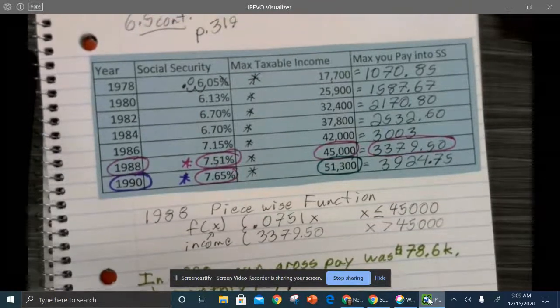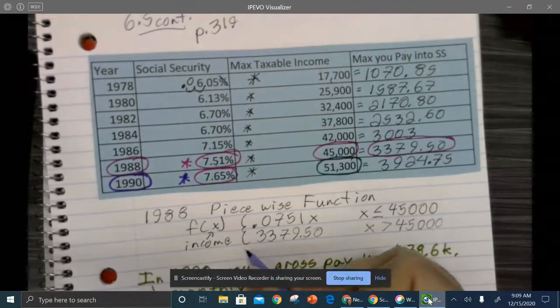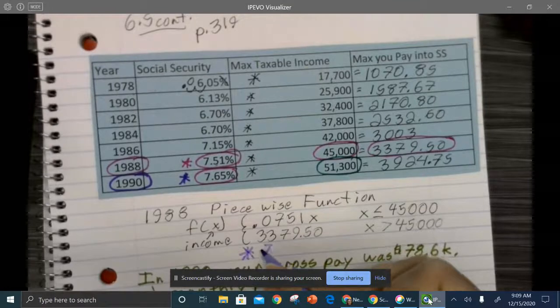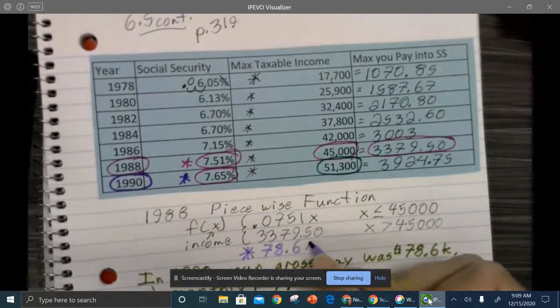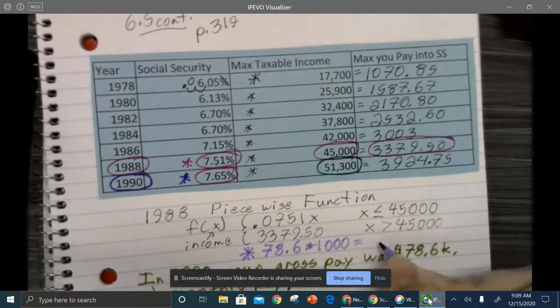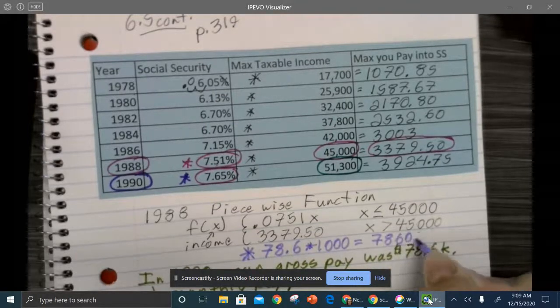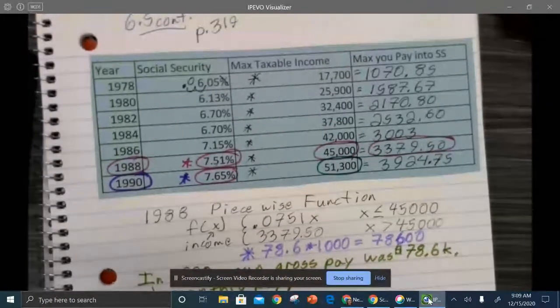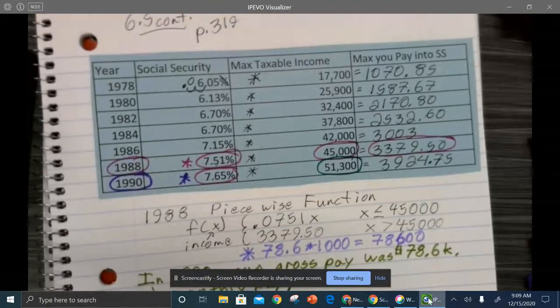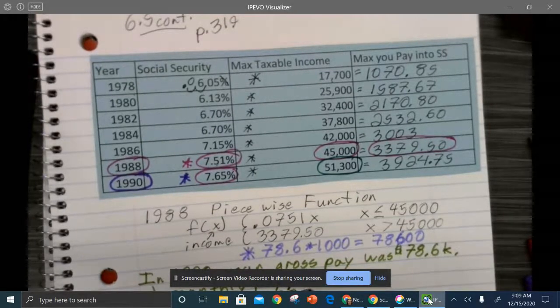Okay, so remember everybody that we're going to have 78.6 times 1,000, 78,600. Okay, so just remember everybody, that's where we're getting that number from. Okay, so our monthly pay, so we're going to take 78,600 and divide that by 12. Okay, so we get 6,550.